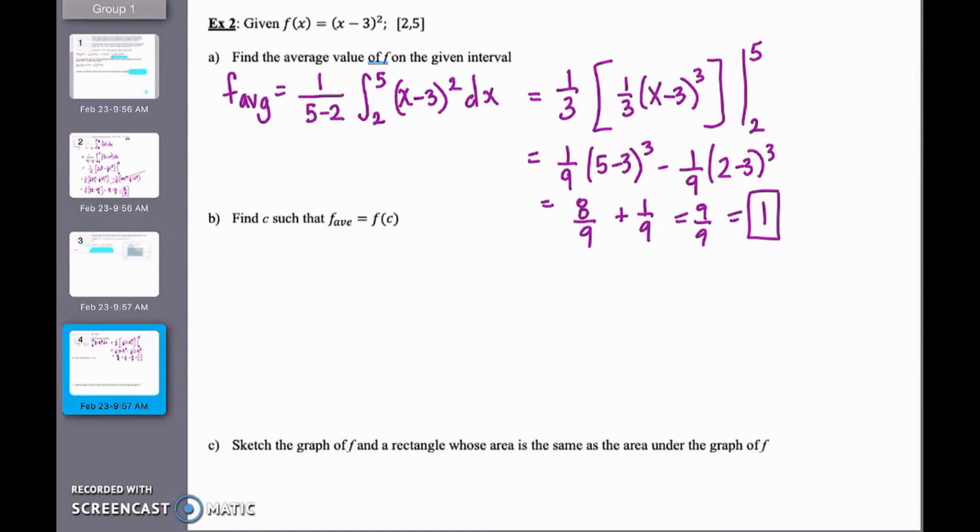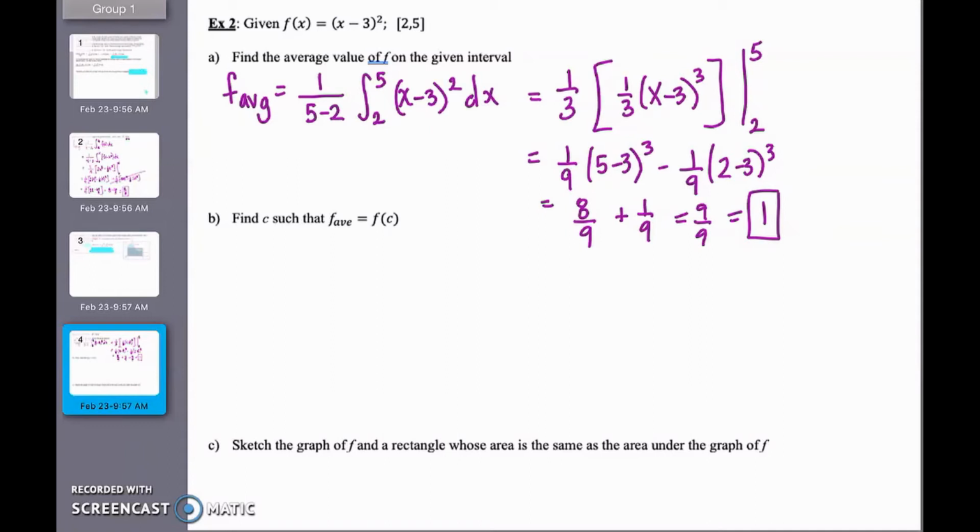And we're going to take a look at that in a moment. We're going to take a look at a picture of that and see what that looks like, and then you'll be able to visually see that it makes perfect sense for this problem. But let's do part B first. Part B says, find a value c such that f average is equal to f of c.